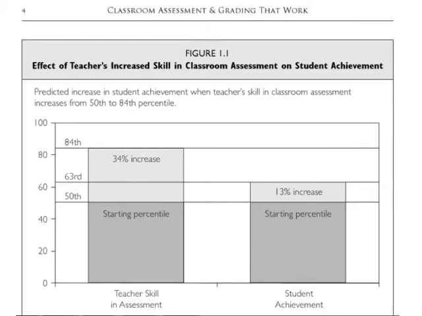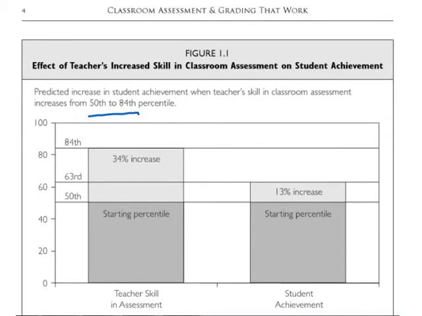Let's take a look at this chart. As you can see, the effect of teachers' increased skill in classroom assessment on student achievement. Marzano's chart shows predicted increase in student achievement when teachers' skill in classroom assessment increases from the 50th to the 84th percentile.